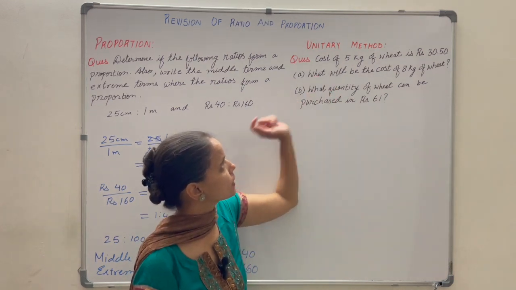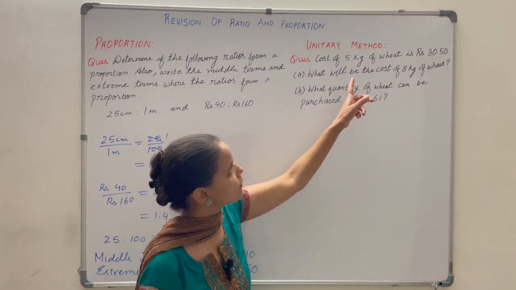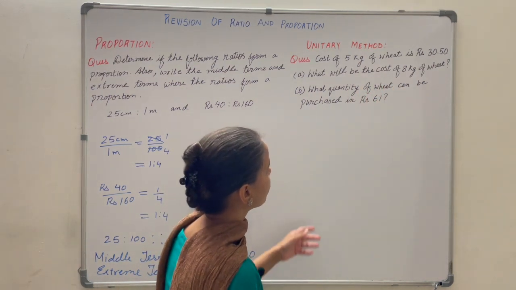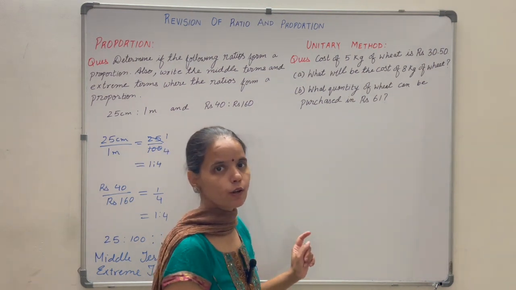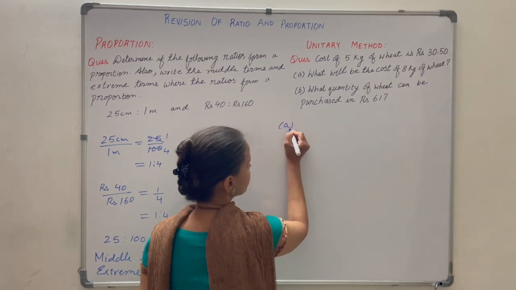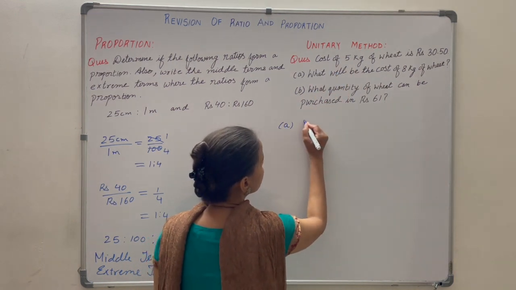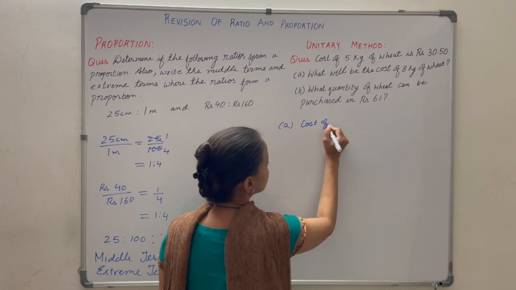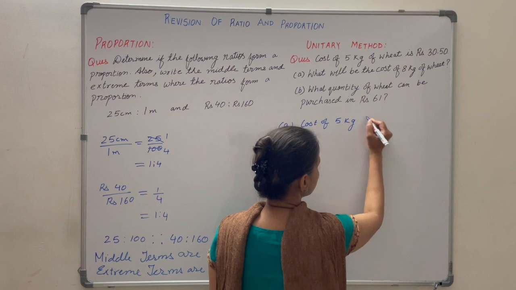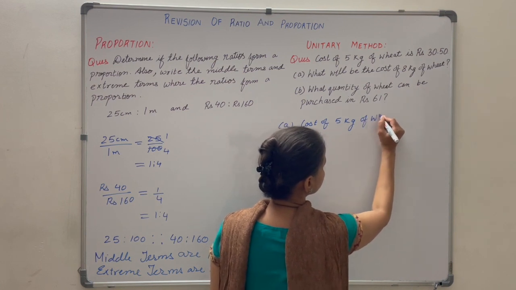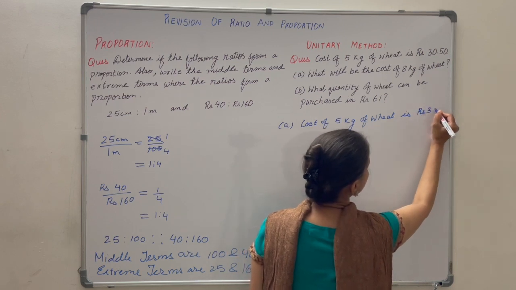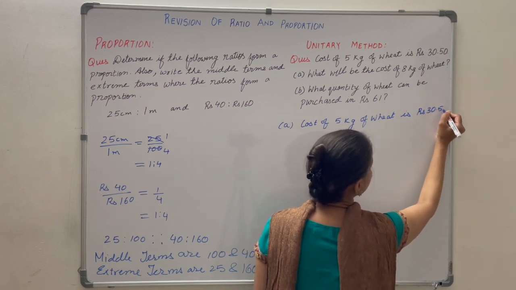So let us first take question A. Here it is given that the cost of 5 kgs of wheat is rupees 30.5. You need to find out the cost of 8 kgs of wheat. So in part A, the cost of 5 kgs of wheat is rupees 30.5.